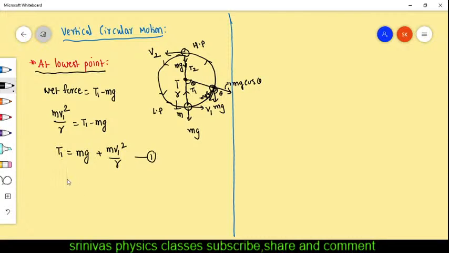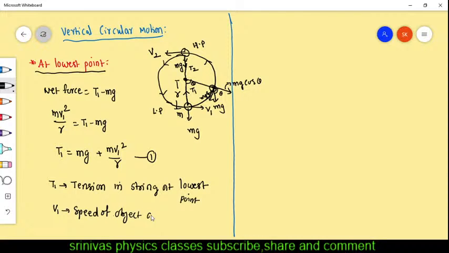T1 is the tension in the string at the lowest point, and v1 is the speed of the object at the lowest point.